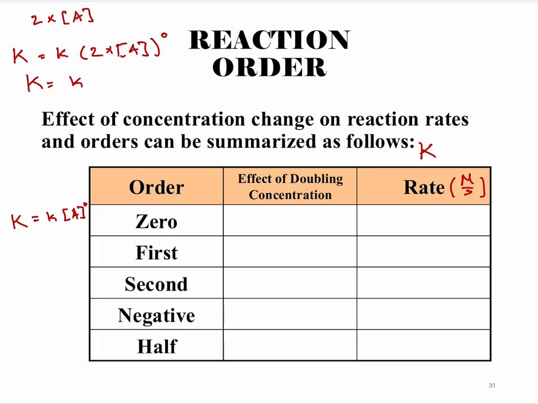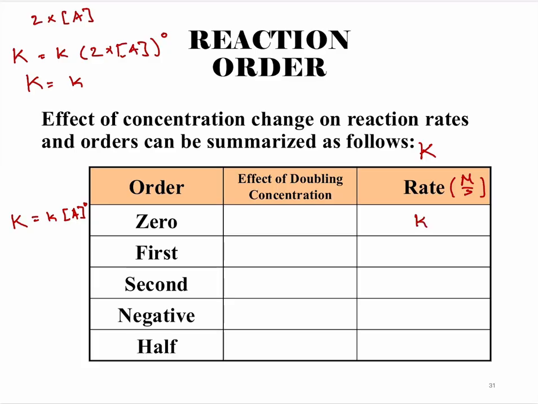And this should make sense to us because we knew that for a zeroth order reaction, the rate of the reaction does not depend on the concentration. So changing the concentration shouldn't affect it at all, right? So that's how we say it mathematically, and then intuitively we know that it's not dependent on it, so it shouldn't change it at all. So the rate is just going to be lowercase k again.